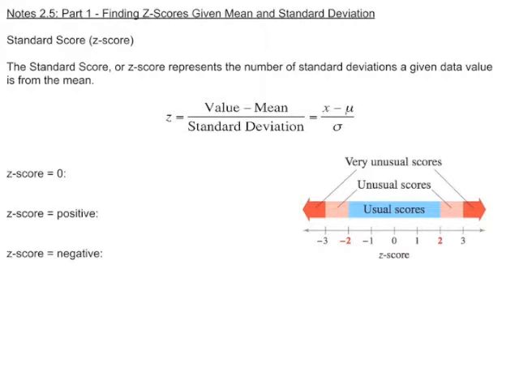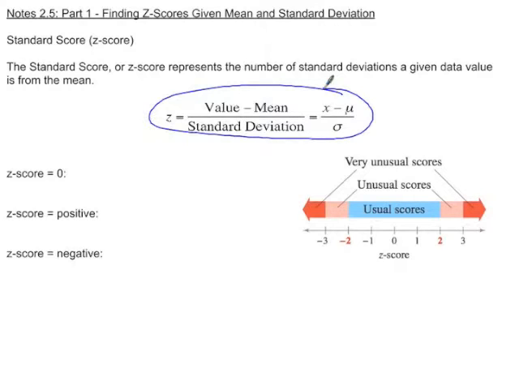The formula for finding a z-score is right here. It is z, which will be our variable to represent the z-score, equals the value minus the mean divided by the standard deviation. And in symbols, that's just x minus mu, all divided by the lowercase sigma. So just looking at that formula and thinking about the empirical rule, here we have a chart showing unusual versus usual scores.